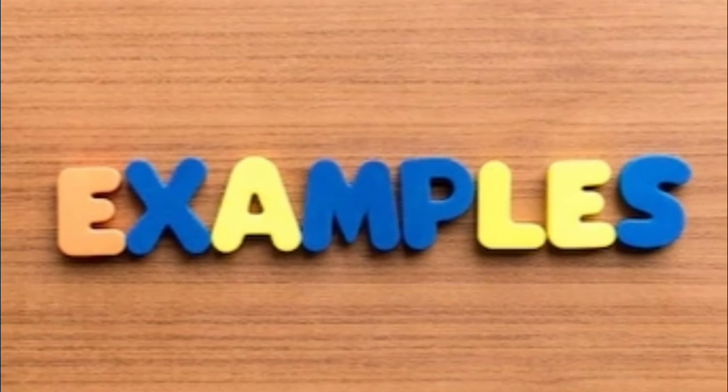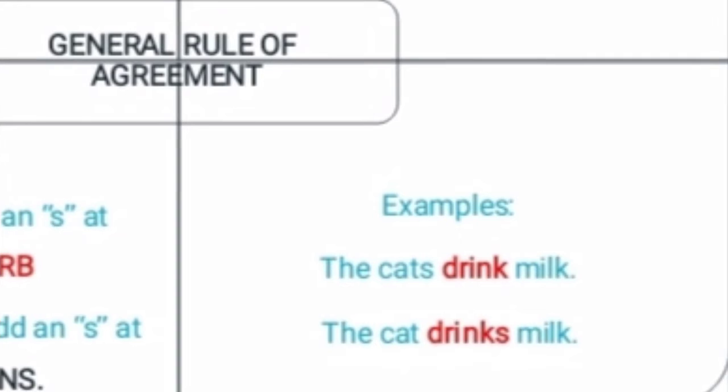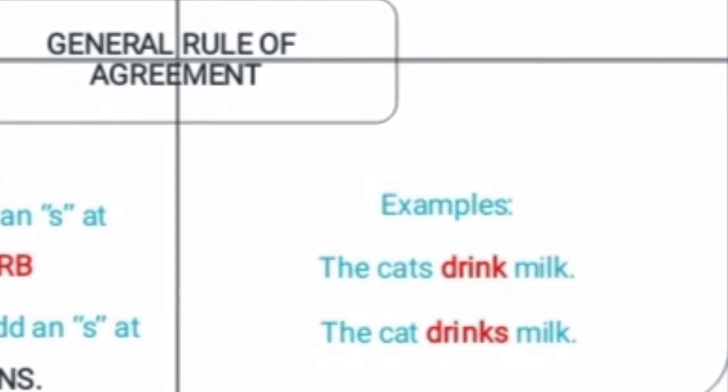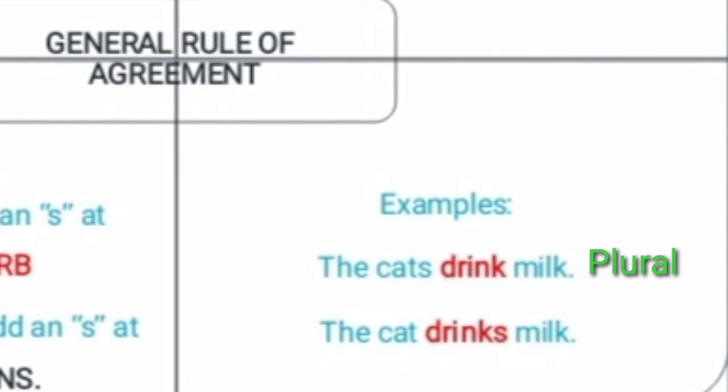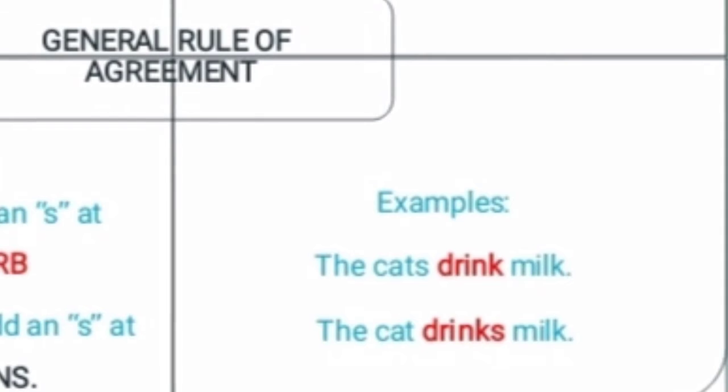Let us take a look at the examples that I have provided there. The first one, the cats drink milk. We can obviously see it is plural because the letter s is added at the noun, not at the verb, and it does agree with the rule: plural subject must have the plural verb. Okay?